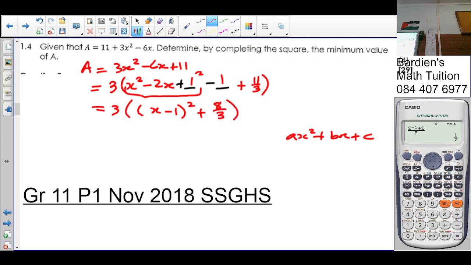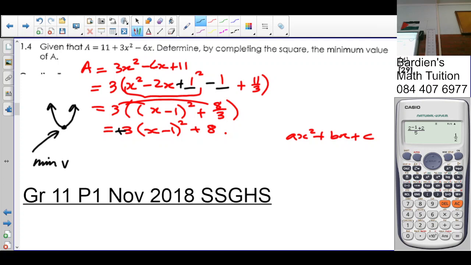So what do I do now? Multiply the outer bracket, get rid of the outer bracket, so it's going to be 3 into x minus 1 squared plus 8. As you can see, this is a quadratic expression. It means the graph is smiling, which will give you a minimum value. If the graph is frowning, or it's negative, it will have a maximum value, a turning point at the maximum.